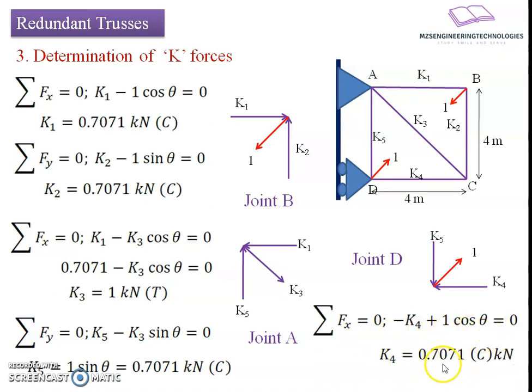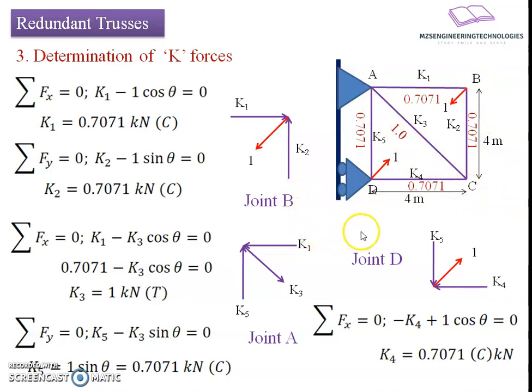That's why K4 value comes to 0.7071 kilonewton, compressive in nature. Likewise, we have found the contribution of this unit load among all the members, which are compressive in nature along AB, BC, CD and DA, whereas it has a tensile nature along the member AC.